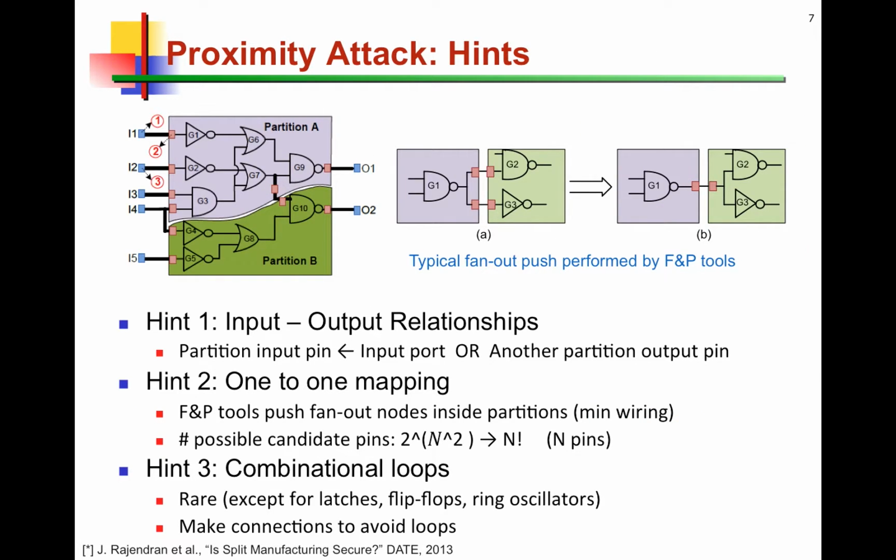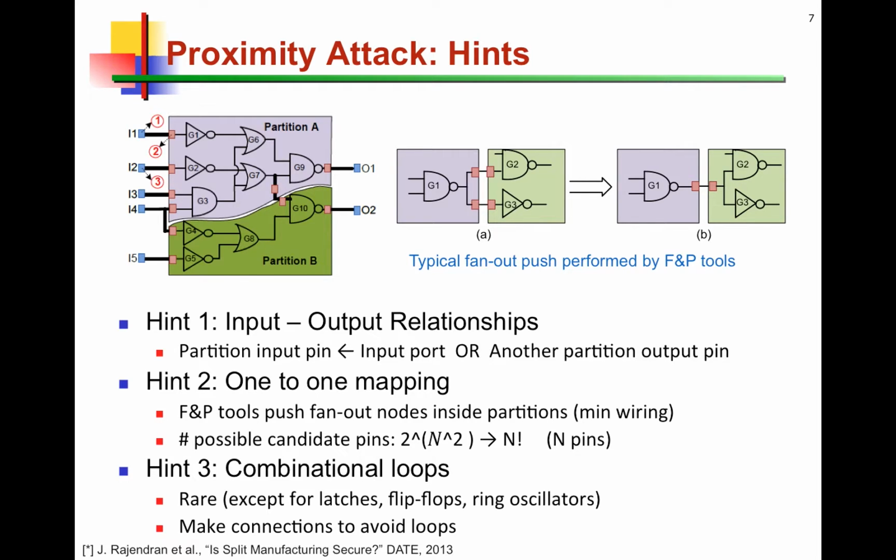And in the process, there are certain additional pieces of information that can help the attacker. For instance, you would know that input ports can only be connected to input pins, and same goes for outputs, so you don't make obviously wrong connections that way. You also know that combinational loops should not be there in the design, so when you make the missing connections, you pay extra attention to make sure that you don't form any combinational loops, because that'll be obviously wrong.